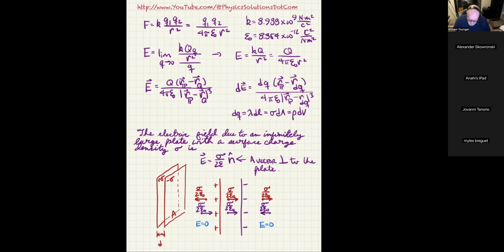Now, in between, it's quite a bit different: sigma over 2 epsilon naught plus sigma over 2 epsilon naught would just become sigma over epsilon naught. And that is, in fact, the strength of the electric field between a positive and negative plate of equal charge per unit area sigma. Equal but opposite, of course. Any questions on that?